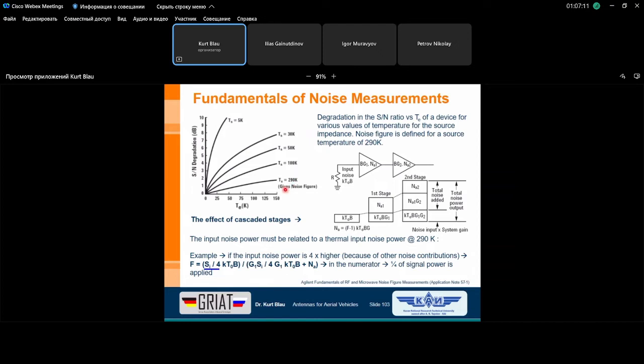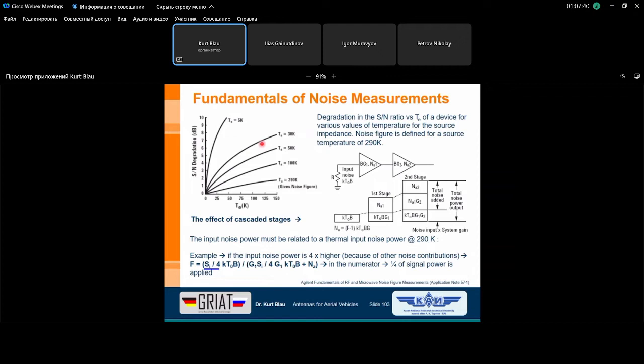This gives the noise figure because it's the reference temperature for the thermal input noise. And now what happens, for instance, if we change this reference temperature to other values, for instance, to smaller values, 100 Kelvin, 50 Kelvin, or 30 Kelvin?